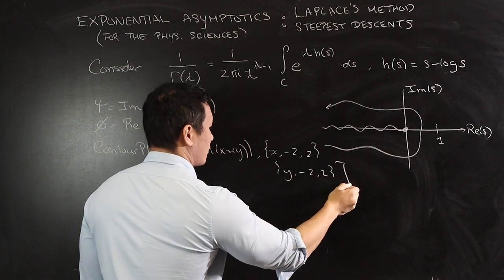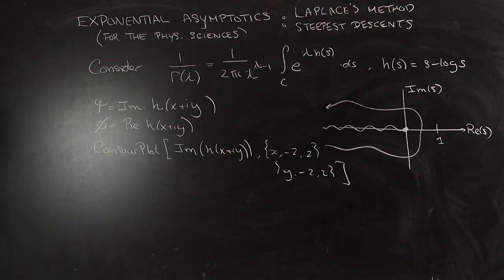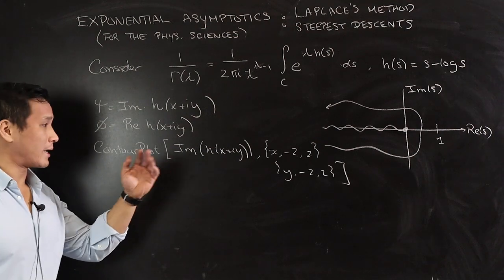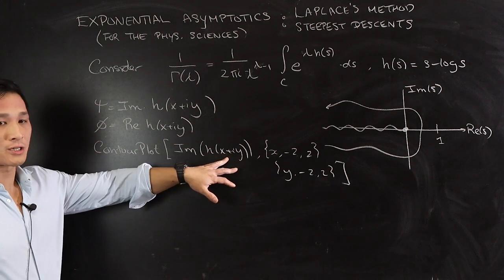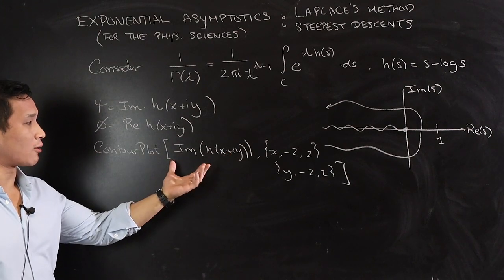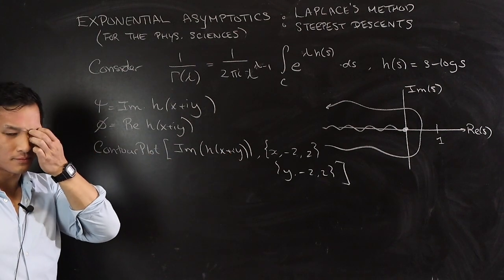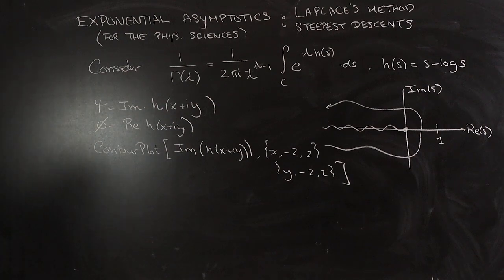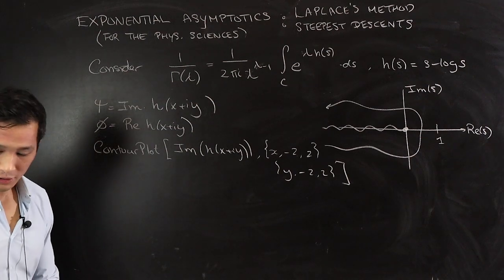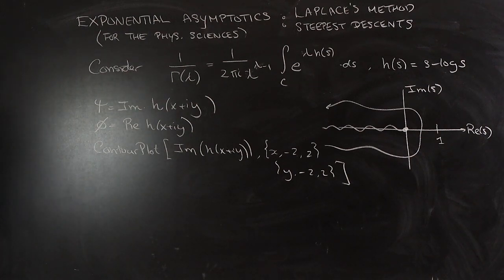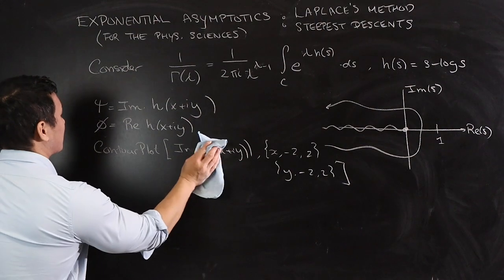So you can just put this kind of command into Mathematica. The alternative is that if you go to MATLAB or Python, you can just generate a mesh of values in x and y, and then just plot where the contours are. Okay? And if I plot those contours, I'm going to draw for you, at least schematically, what the picture looks like.